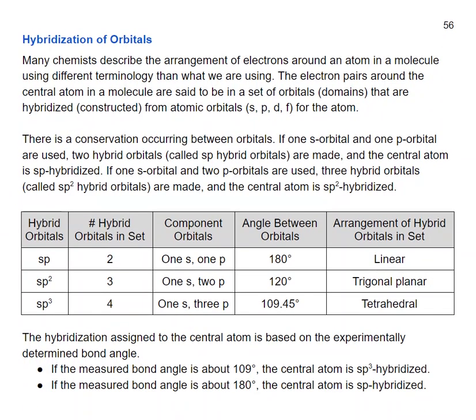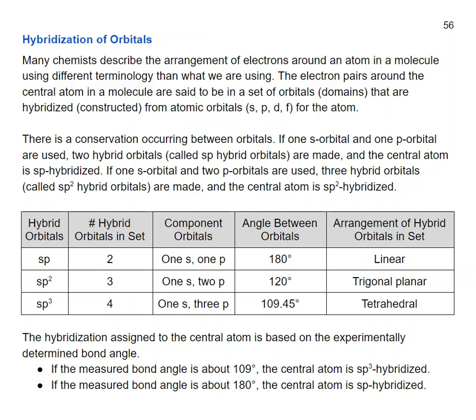Many chemists describe the way that electrons are arranged around an atom differently than what we've been describing. The electron pairs around the central atom are said to be in a set of orbitals that are hybridized from atomic orbitals for the atom. If one s orbital and one p orbital are used, then we form two hybrid orbitals that are called sp hybrid.